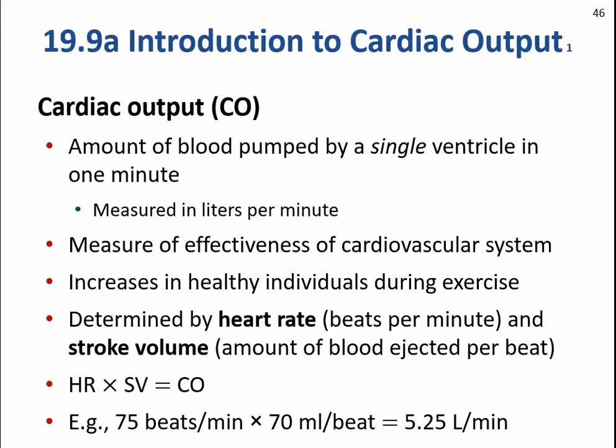Now that's a normal resting cardiac output. It's interesting because we have about 5 liters of blood, so that means that every drop of your blood goes through each ventricle every minute. It shows you the speed that this stuff moves. And that's at rest. When we exercise, it can be 4 or 5 times that.